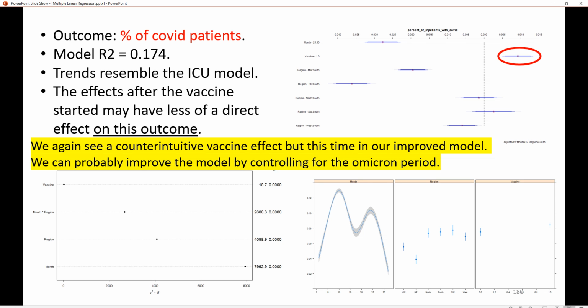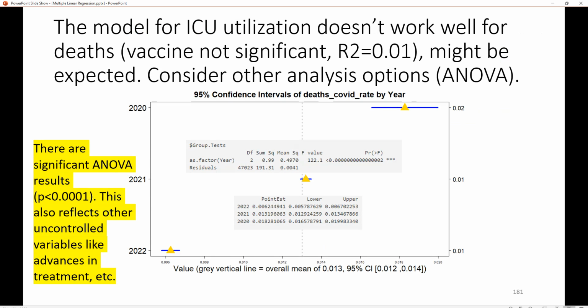So while it might help to give us a better shot and not allow us to get as sick as when we would need to go into the ICU, it may not have that same impact on the percent of COVID patients. So this might not be the right model for that outcome.